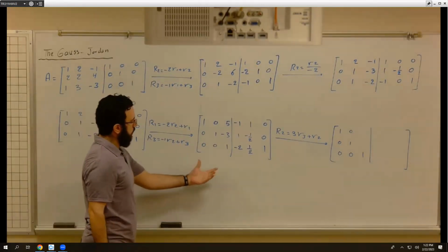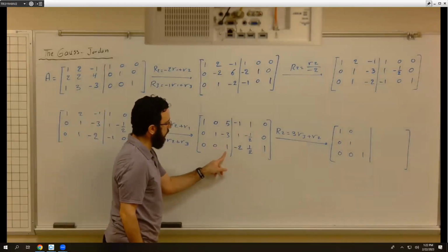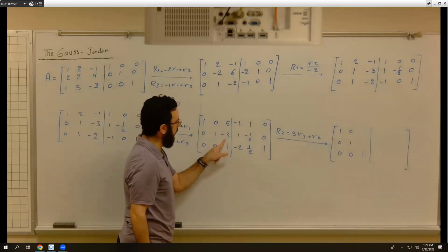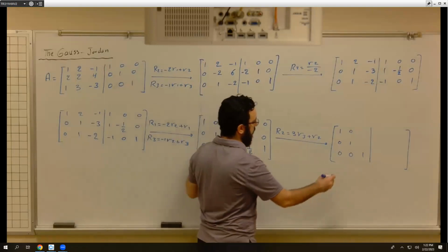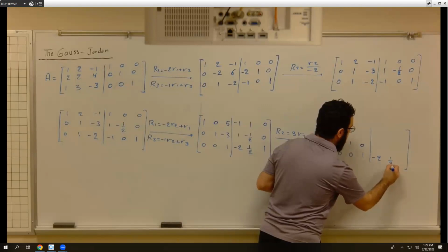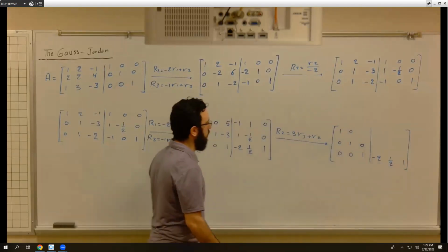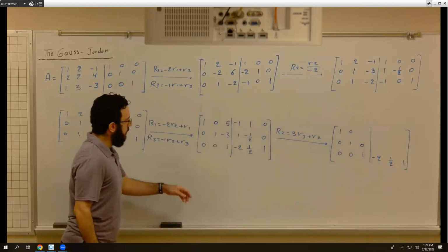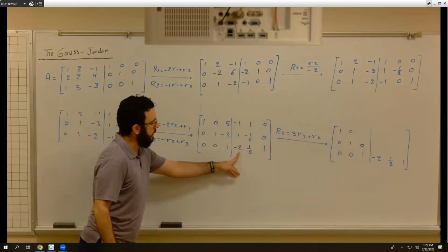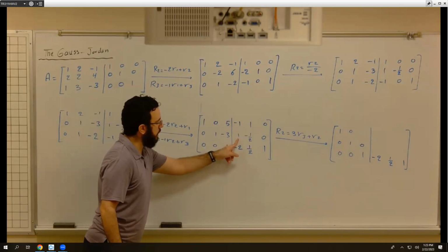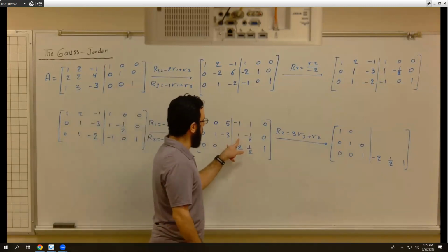So here. 3 times 1 is going to be 3 plus 0. Let's write down here, -2, half and 1. Now 3 times -2 is going to be -6. -6 plus 1 is -5.